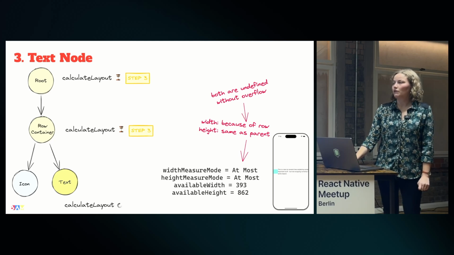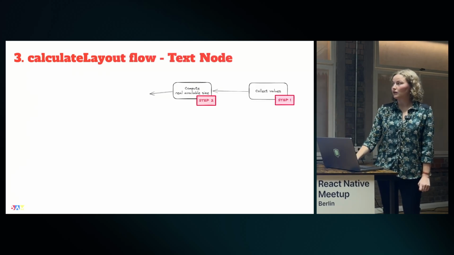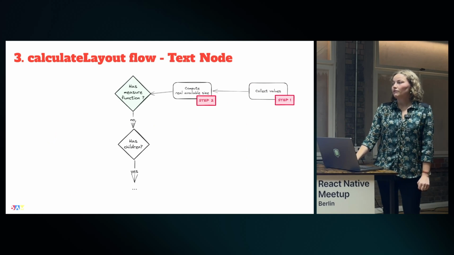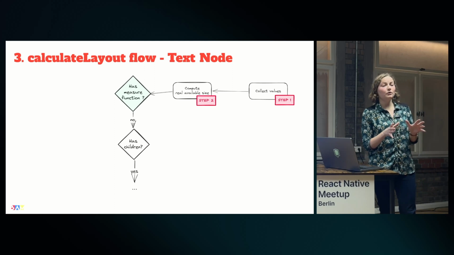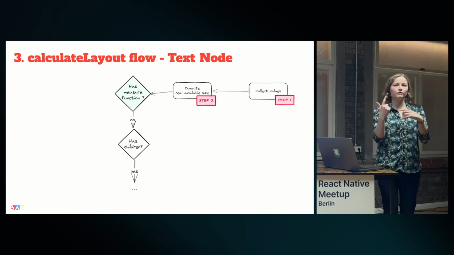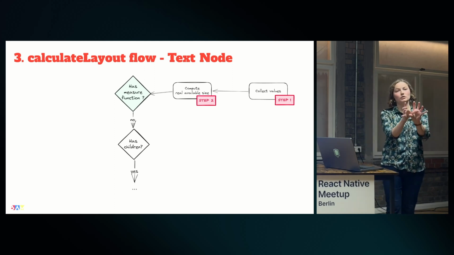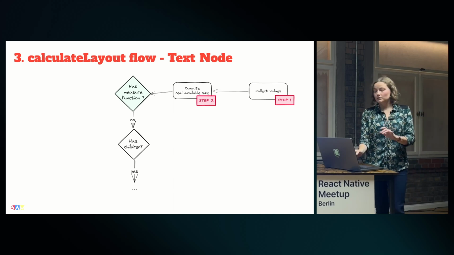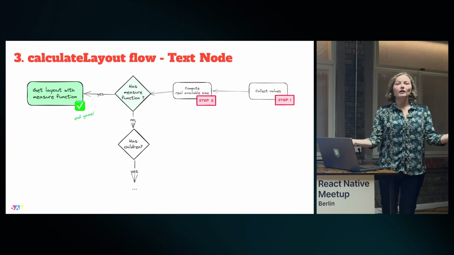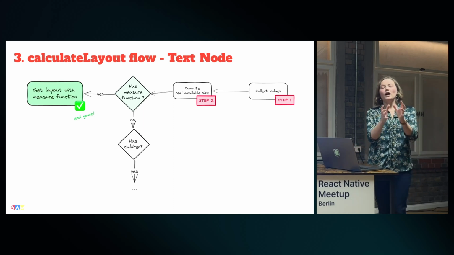But for the text, we have a difference compared to the others. Before checking the children, Yoga does something else first. It checks if you have a measure function attached. Remember the native function we attached when we created the Yoga tree initially. If it has the measure function, the algorithm just stops. Okay, now I know how to measure this node.